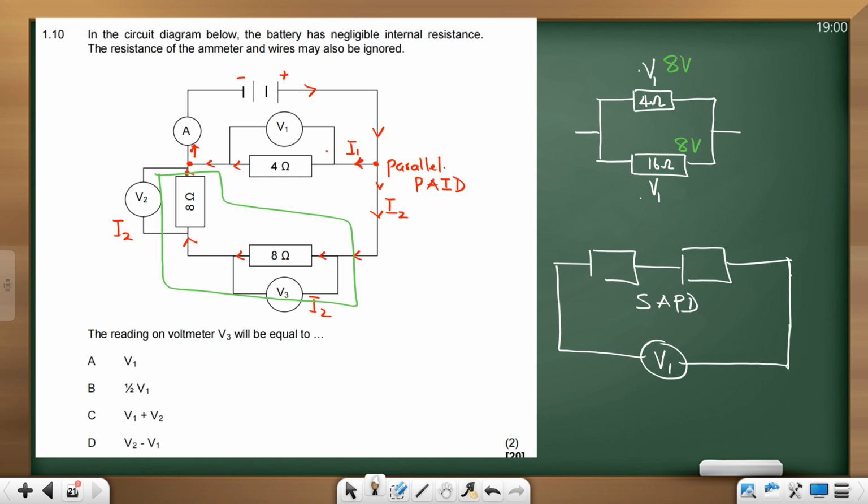Because V1 on top, V1 at the bottom. But because they are connected in series, what happens? They divide the potential what? Difference. And they have the same what? Resistance. It means the potential difference will also be equally divided. So this is V1 over 2, V1 over 2, which is half V1.